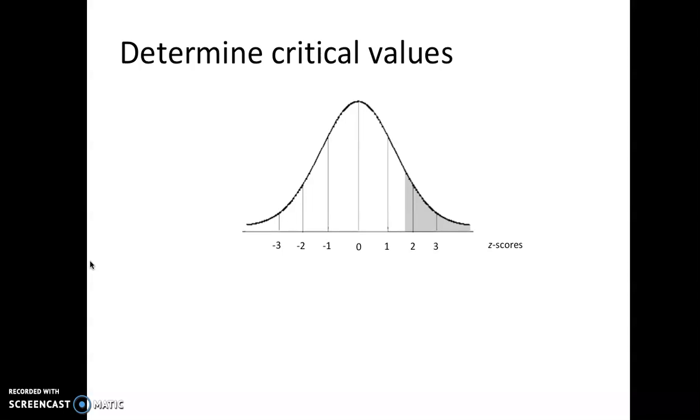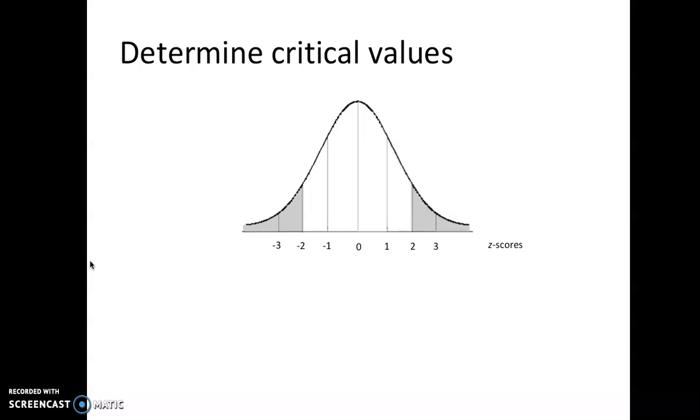For a one-tailed test, the z critical value will always be positive 1.64 or negative 1.64 when we have an alpha of 0.05. Remember that alpha represents the maximum amount of risk we are willing to take in making a type 1 error, which is when we reject the null hypothesis when it is actually true.